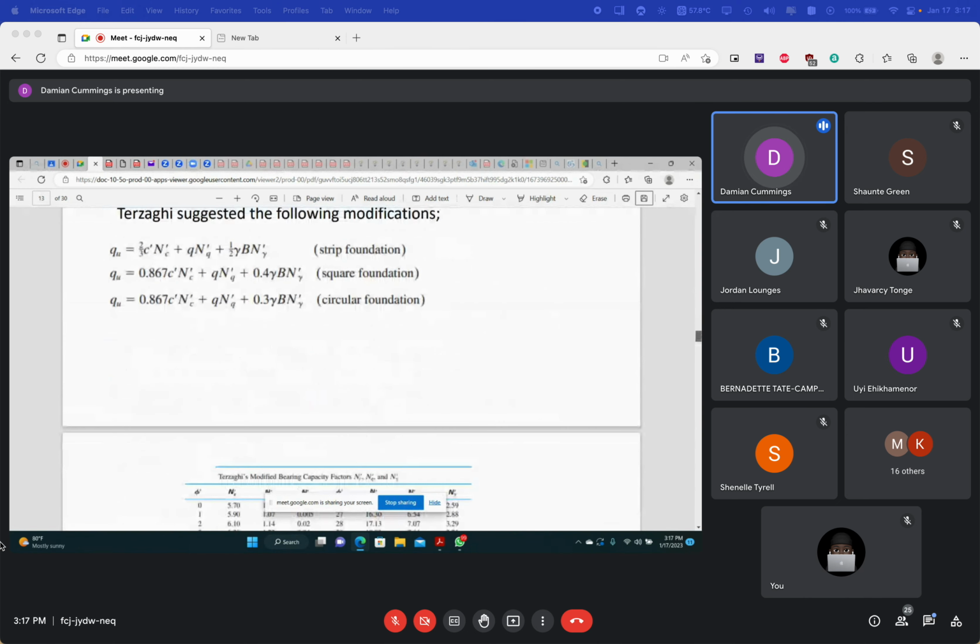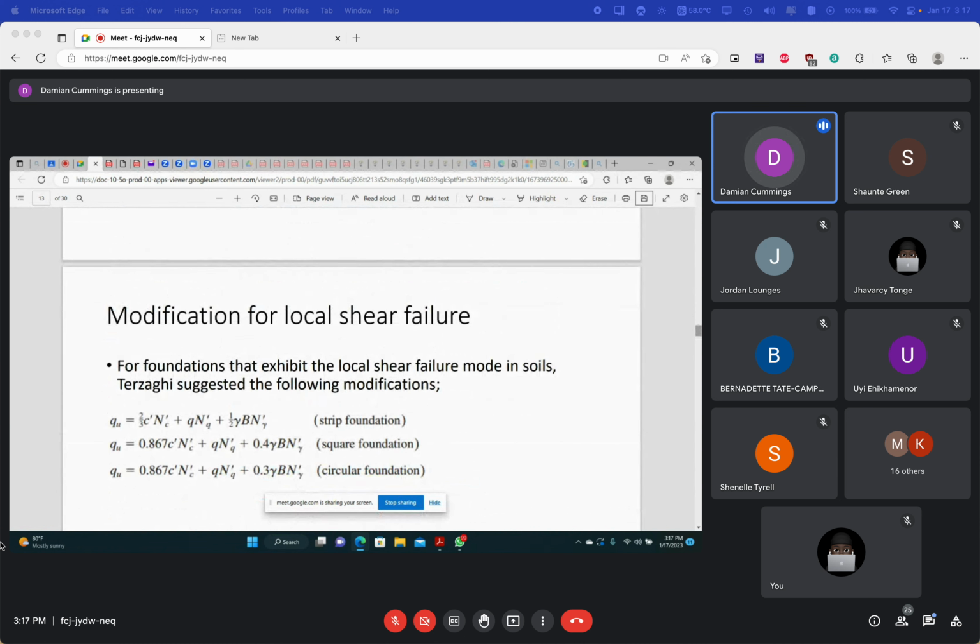All right, so we have modification for local shear failure. For a foundation that exhibits the local shear failure mode in soils, Terzaghi suggested the following modifications. So these are the modifications to the different types of foundation. If you are working, say, in a medium dense soil, I showed you a table earlier that gives you the relative density and Df over B for the soil.